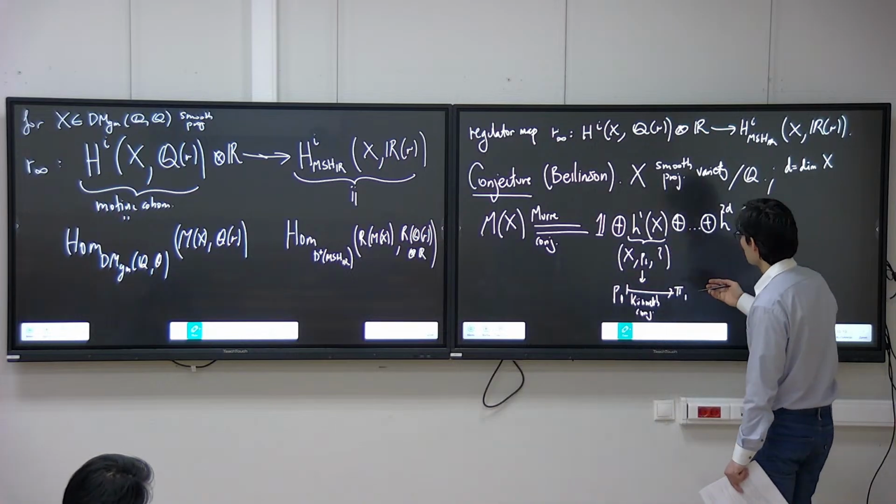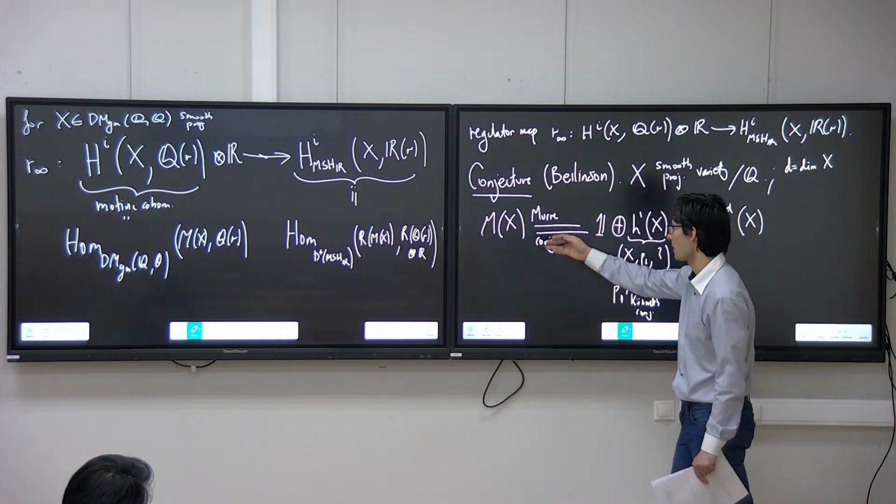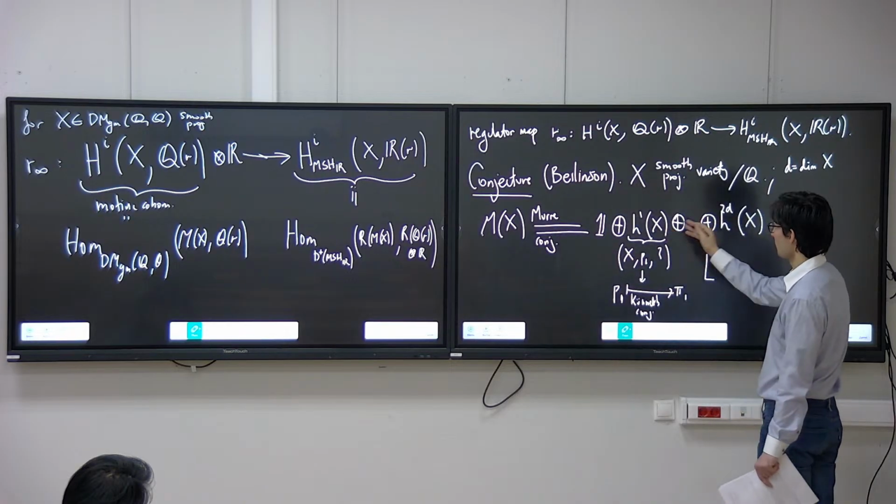And Beilinson's conjecture is interested in describing not the whole of M(X) at one go, but the finer pieces H^i(X).